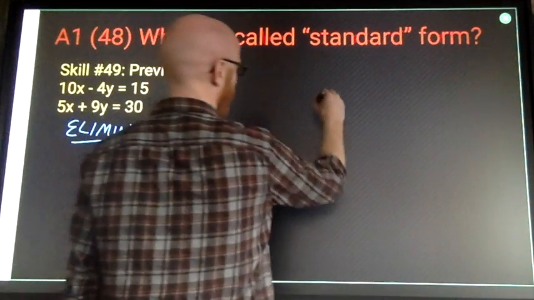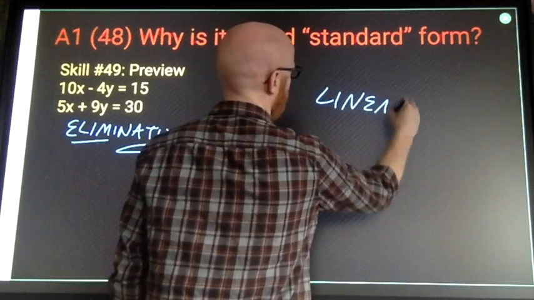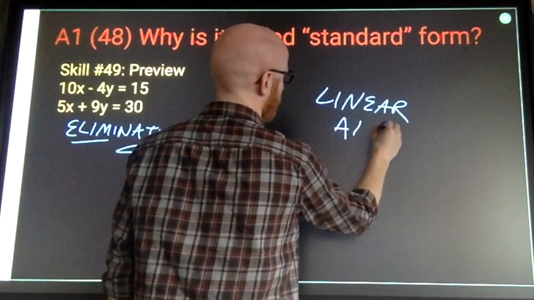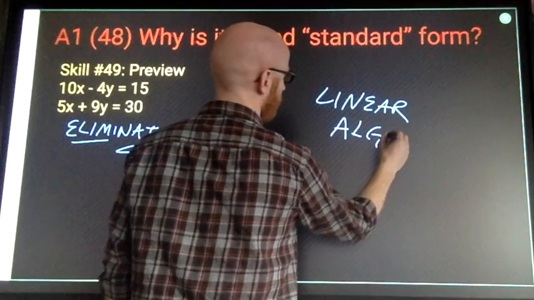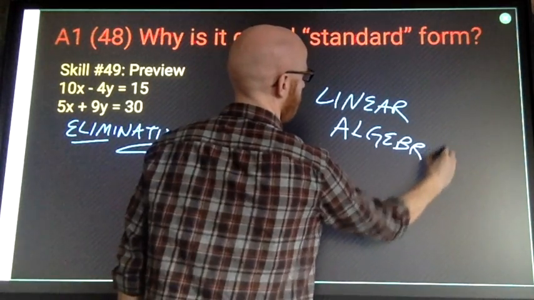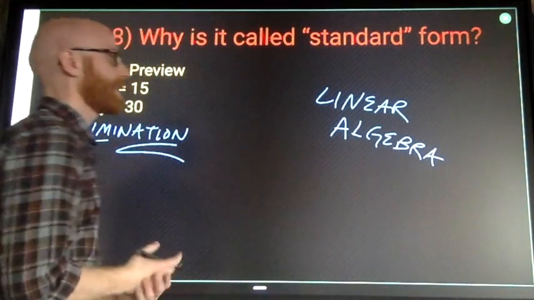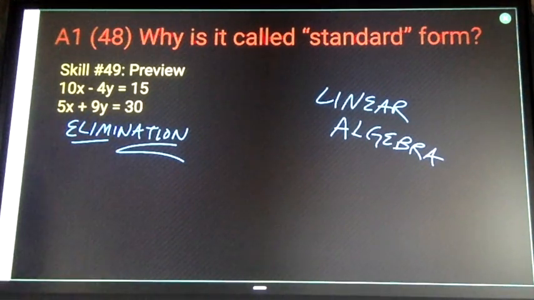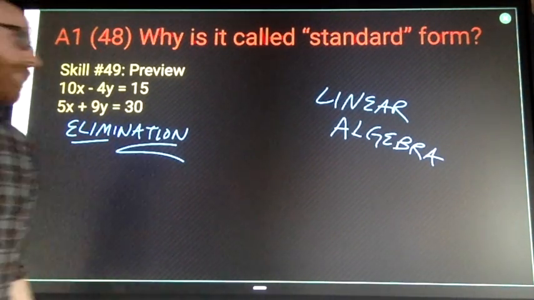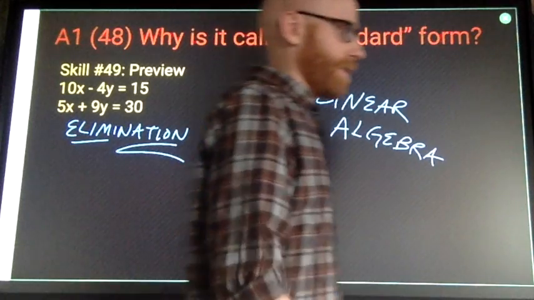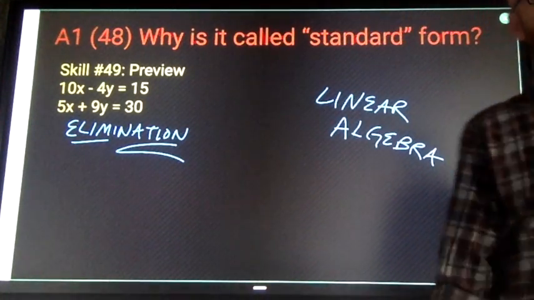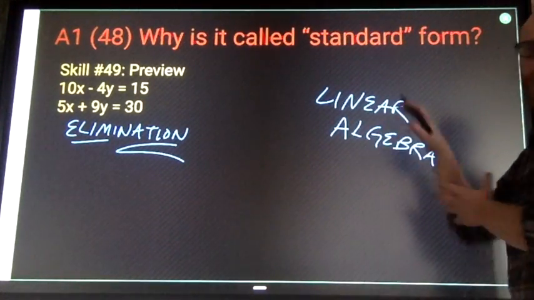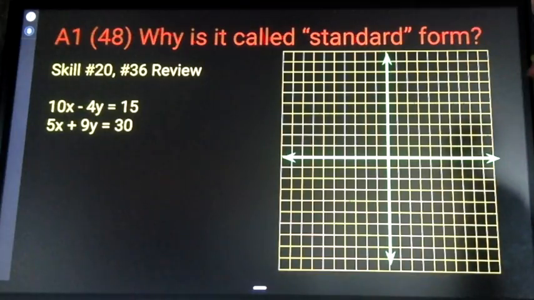Also, there's a whole branch of mathematics that deals with systems in this way called linear algebra, and pretty much standard form is the way to set up your equations when you're dealing with linear algebra.